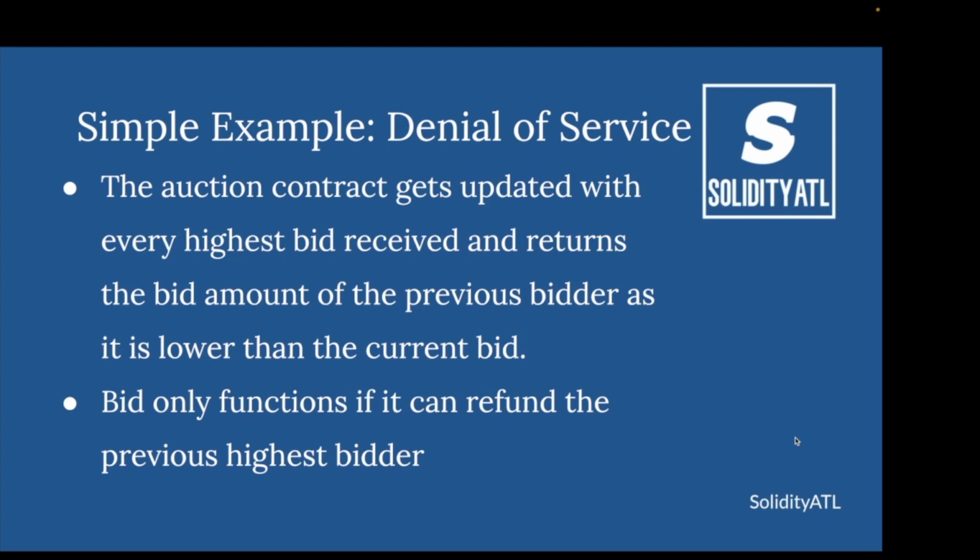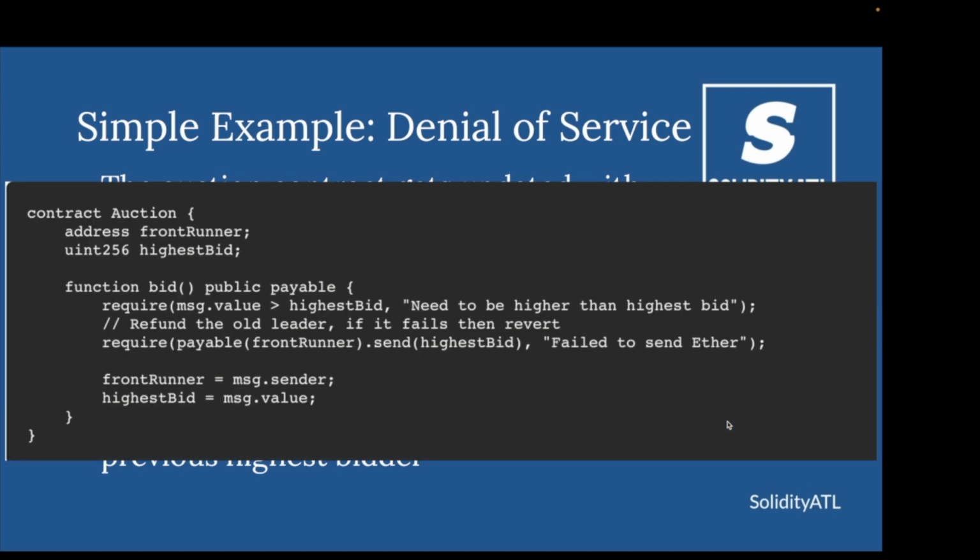Now we're going to go through an example of what a denial of service attack may look like. What we're looking at now is a contract called Oxygen with a single function called bid, where this function is essentially keeping track of the highest bidder, and the address of that bidder, they label as frontrunner.